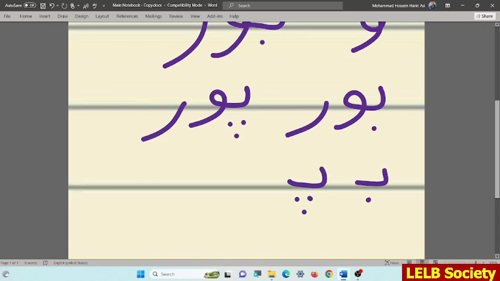So these are lowercase b and lowercase p. What about uppercase b and uppercase p? Very simple.